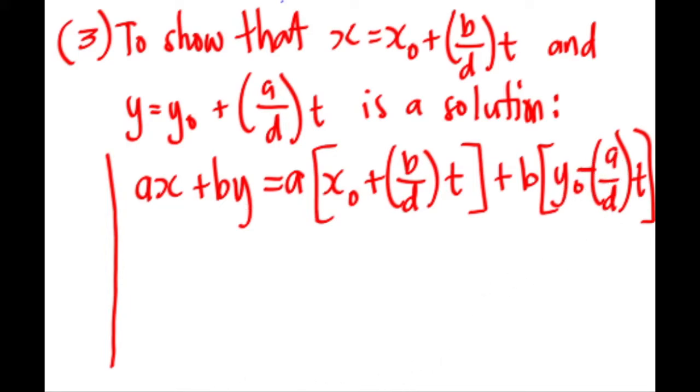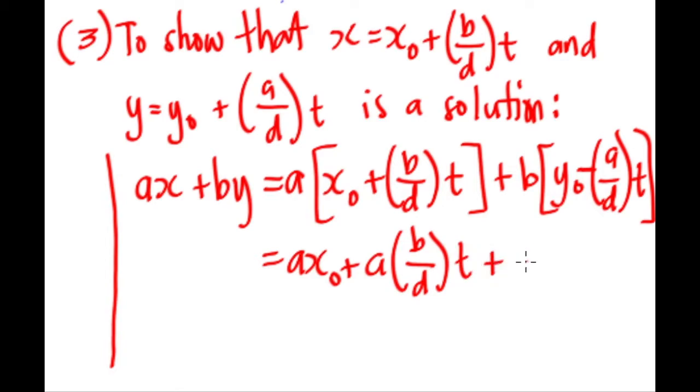Moving forward, we will manipulate this second part. I will do this step by step. I won't be skipping anything so that it will be clear. We have a x sub 0 plus a times b over d times t plus b y sub 0 minus b a over d times t. We want to group together this one and this one.